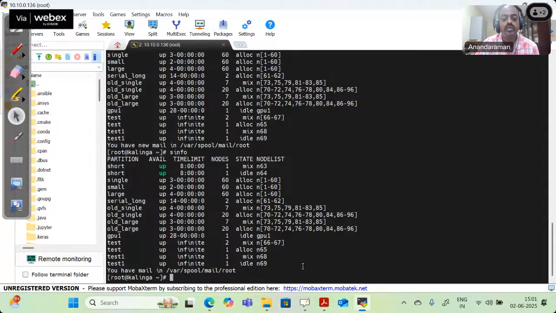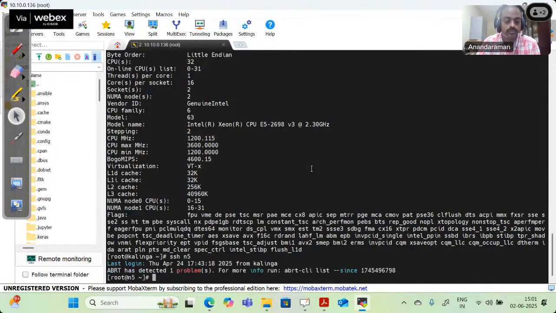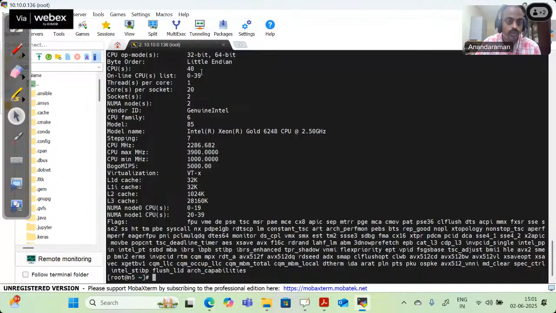Each node here has 32 cores, and this shows the core, the frequency, everything. These are new nodes actually, so let me check with lscpu. These are 40 cores, 0 to 39.